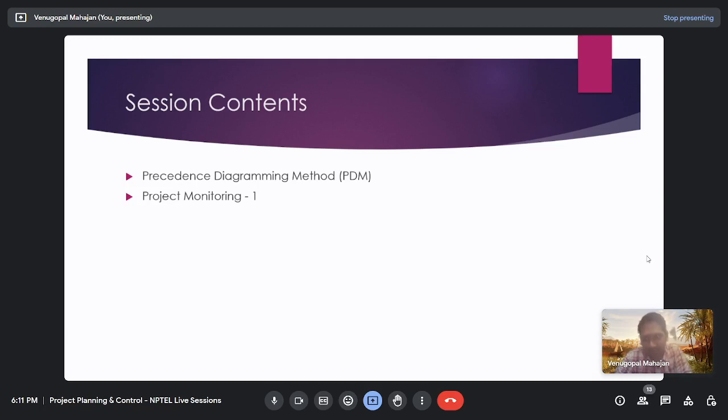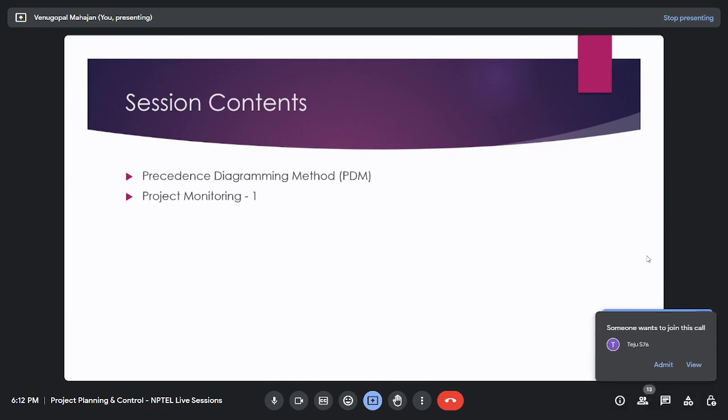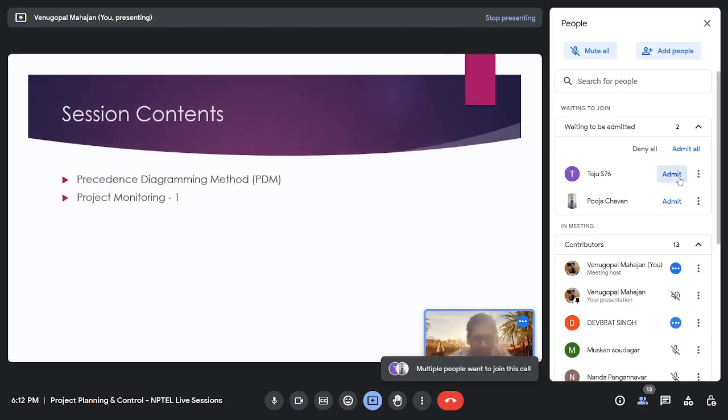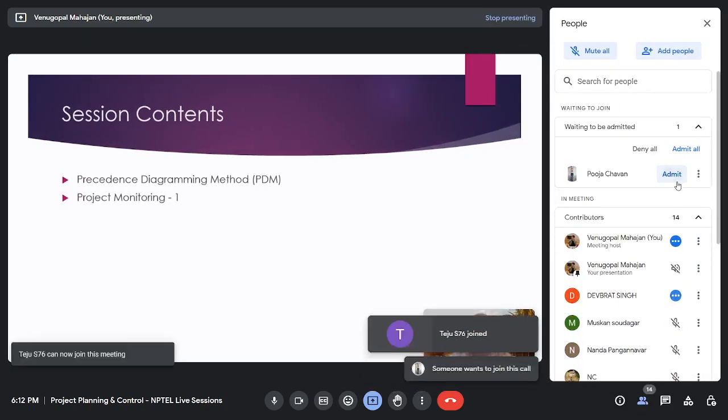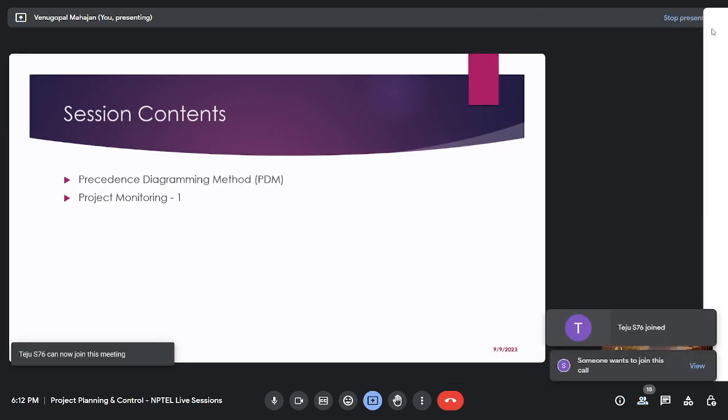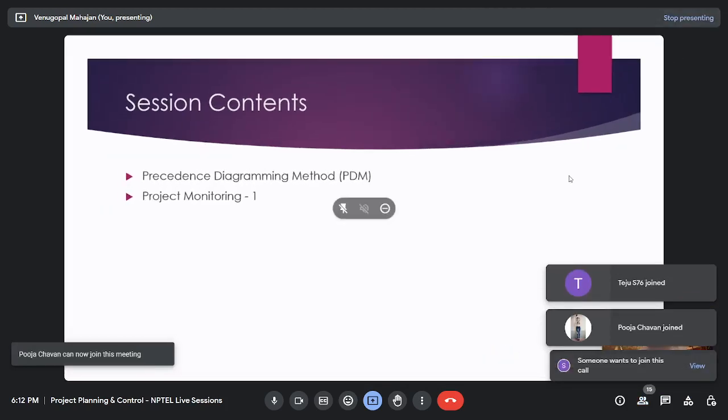No, no. PDM is an improvement over AON method. What kind of improvement? Sir, we are subdividing the work in PDM. No, we are not subdividing the work actually.